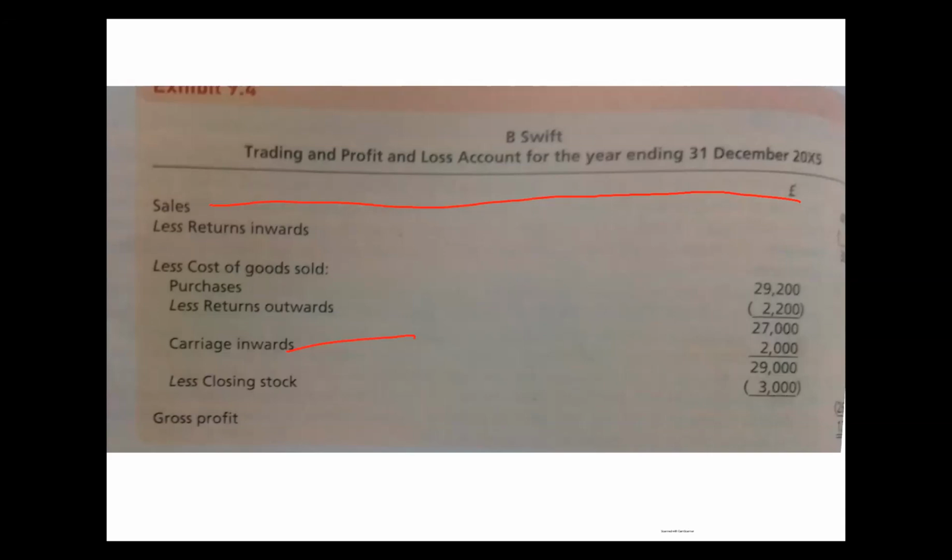So you should add here as the cost. Then you should less the closing stock, and whatever you have, you subtract from the net sales, then you can have the gross profit. From the gross profit, you can less all the expenses.